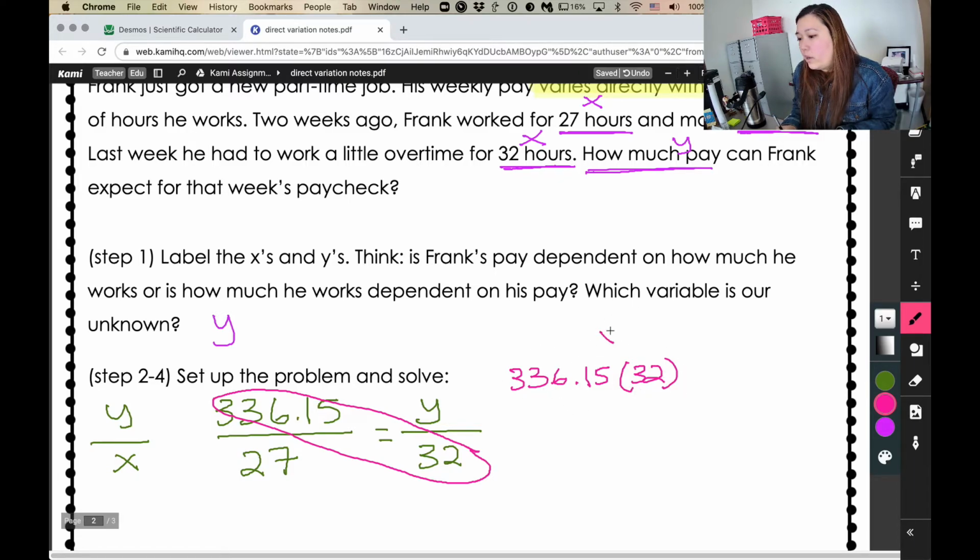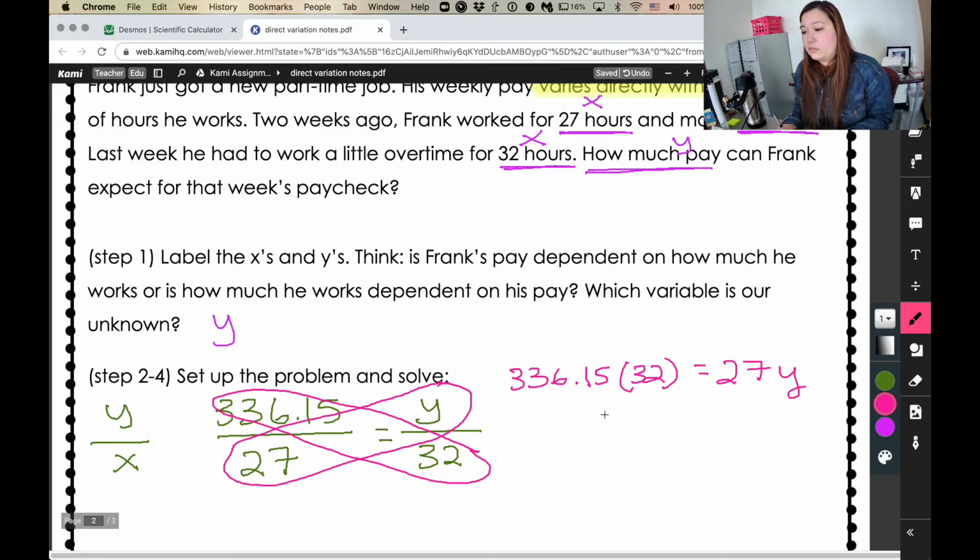I try to avoid doing stuff like this, because when we do equations and you look at that, it's like, is that a multiplication sign or is that a variable? Is that X, like our variable X? It could be very confusing. And so I like to use the parentheses instead. Okay, so this still means 336.15 times 32 equals, now we need the other side, so we multiply these. It's 27 times Y.